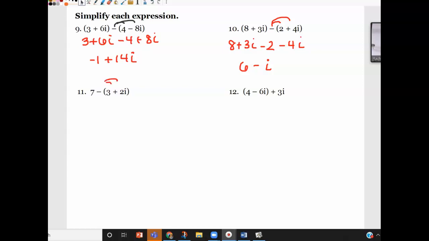In number 11, there are no like terms with i. So you combine your values of 7 minus 3 to get 4. So we get 4 minus 2i. And in 12, you have 4 minus 6i plus 3i. Combine your i's and you get 4 minus 3i.